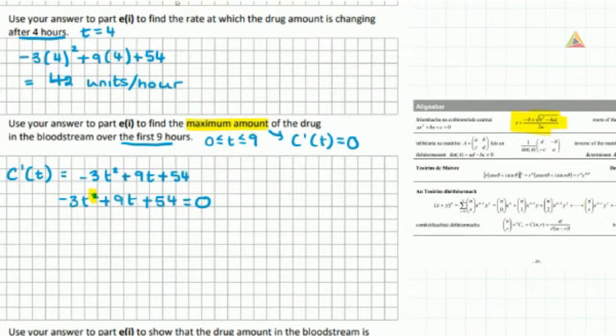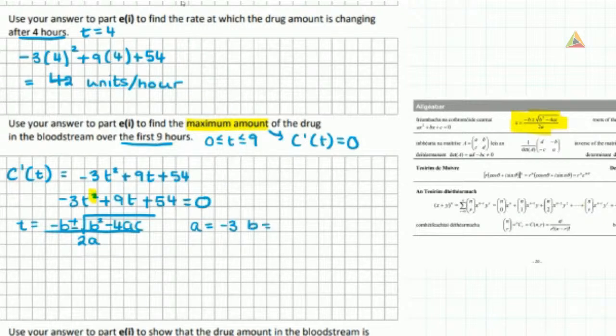It doesn't matter that it says x equals, we're going to be solving for t. So I'm going to write out my formula as t equals minus b plus or minus the square root of b squared minus 4ac all over 2a. And we look at our quadratic here and we pick out a, which is the coefficient of t squared, so that's minus 3.